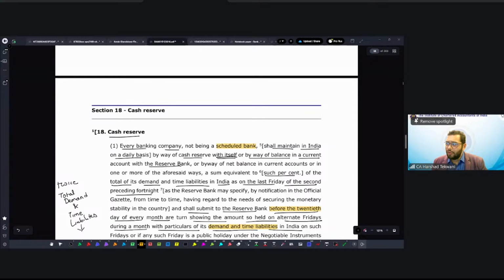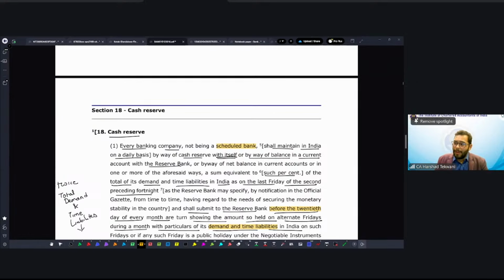Then where are these scheduled banks covered? Anyone? We excluded the scheduled banks from this, but the question comes is where these scheduled banks are now covered.